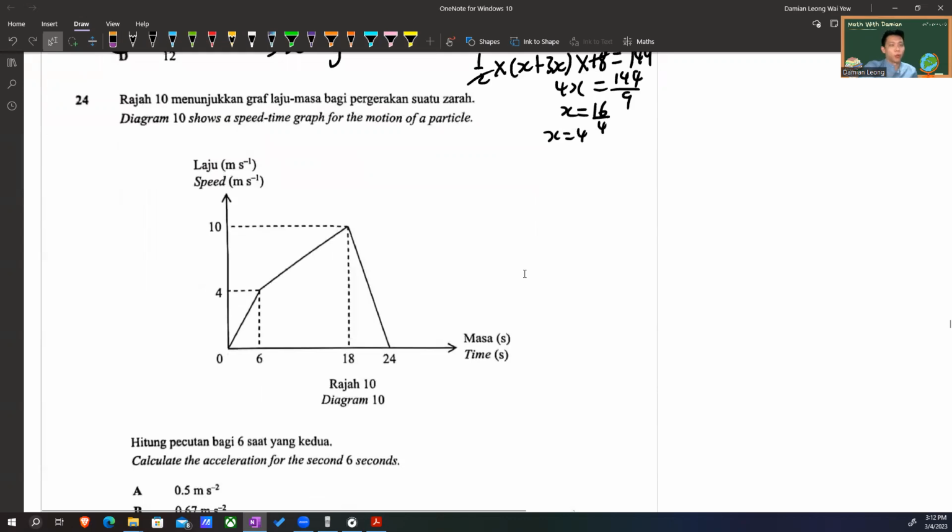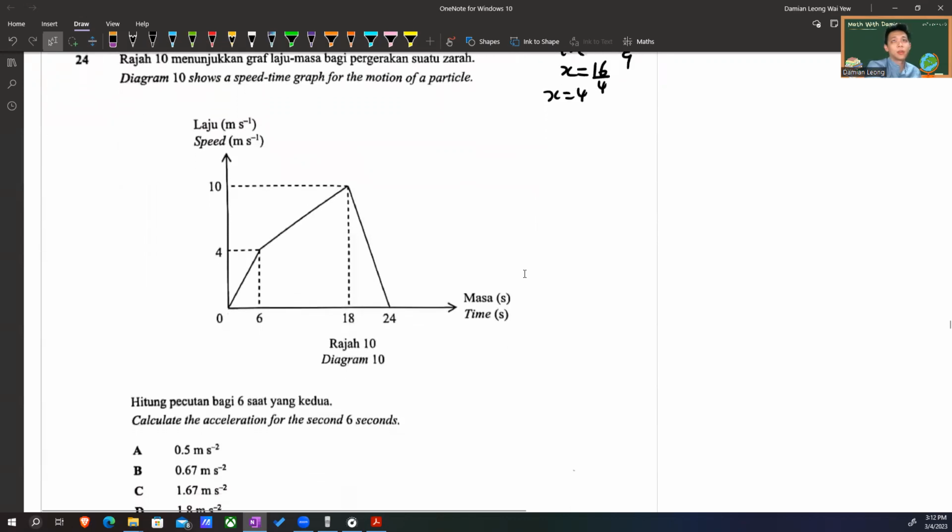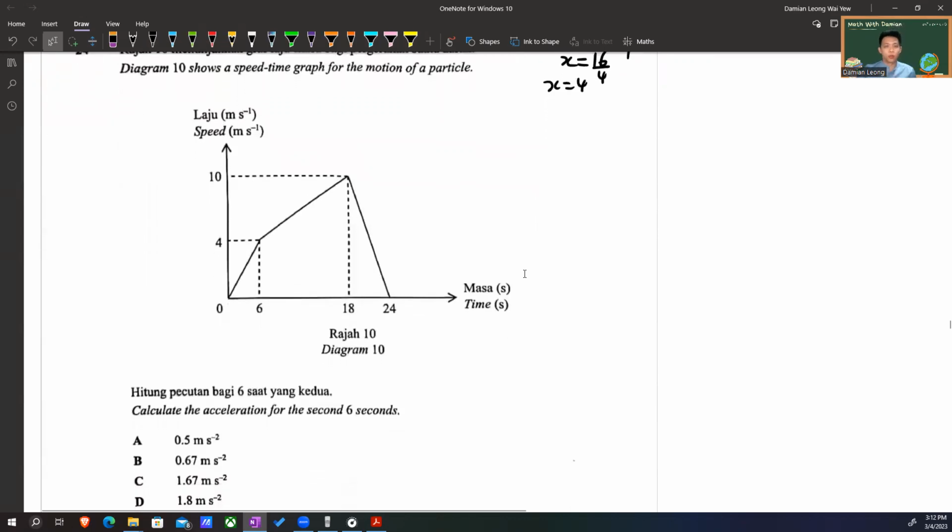And question 24. I have diagram 10 showing a speed against time graph for the motion of a particle. I want the acceleration for the second 6 seconds, not the first 6 seconds. That would be a very common mistake, to calculate for the first 6 seconds.